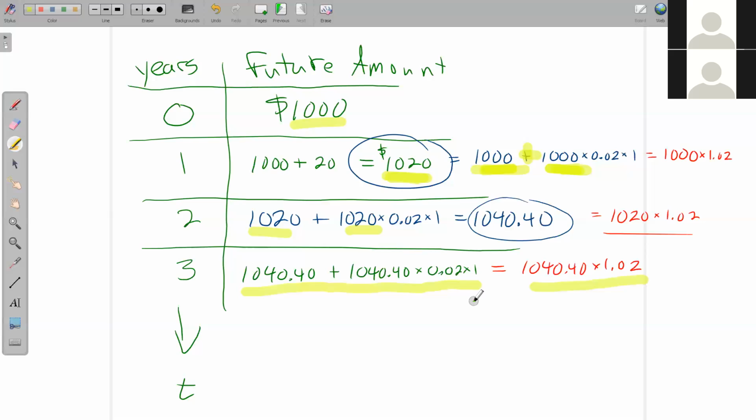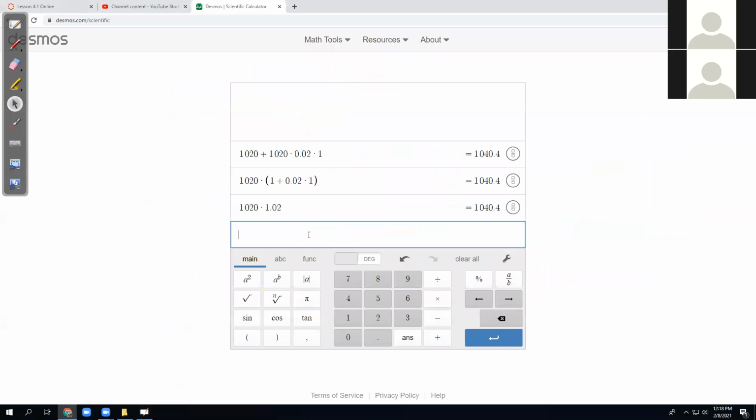So does the green calculation match the red calculation? Try to catch up on the calculator with you.